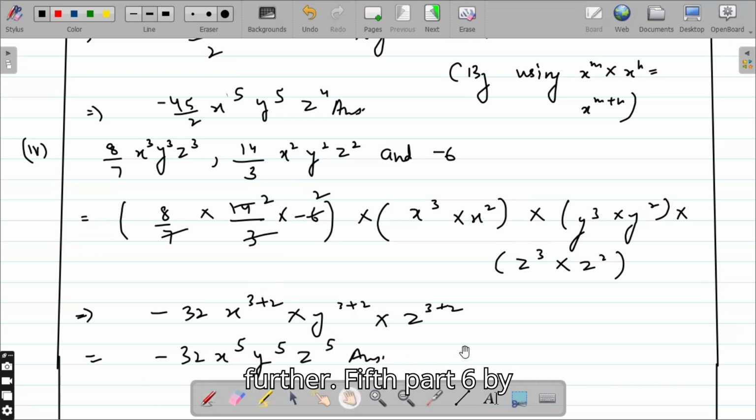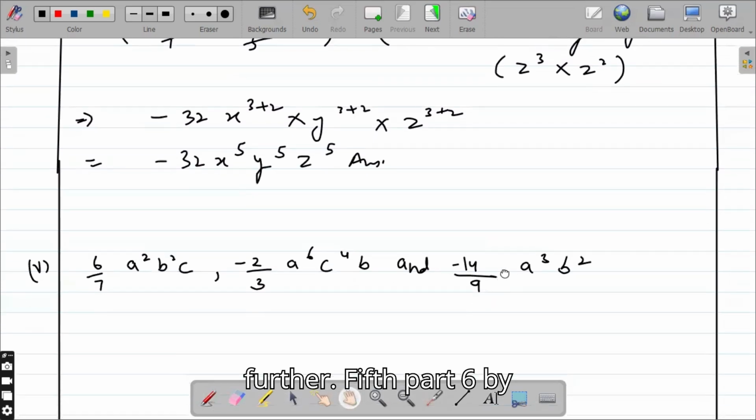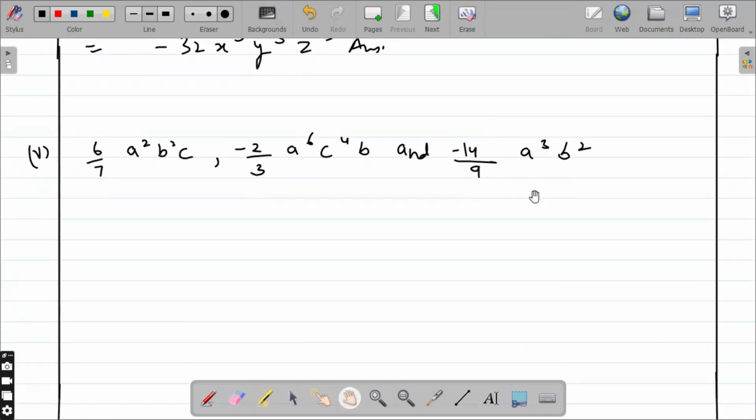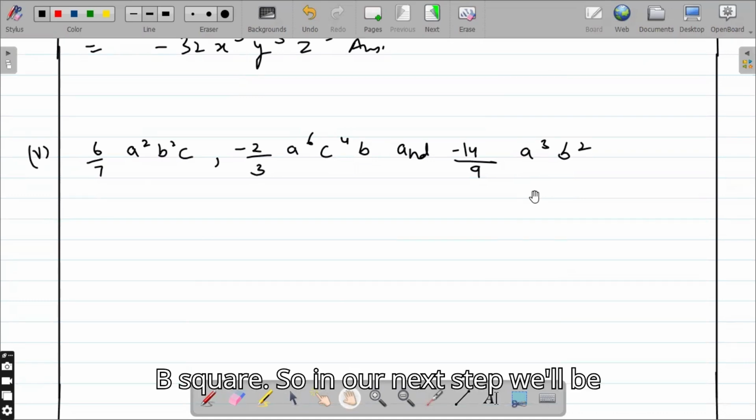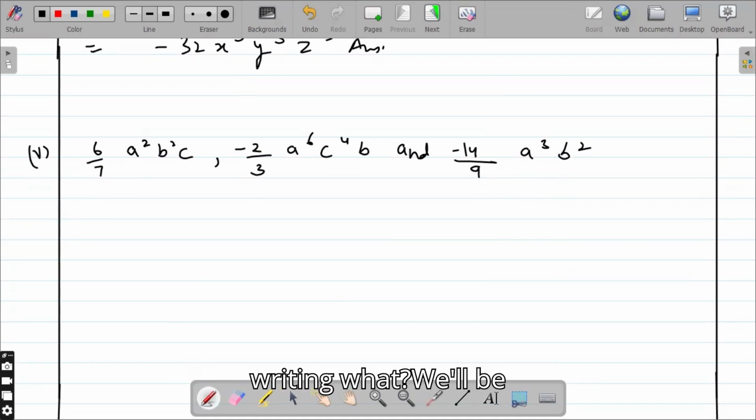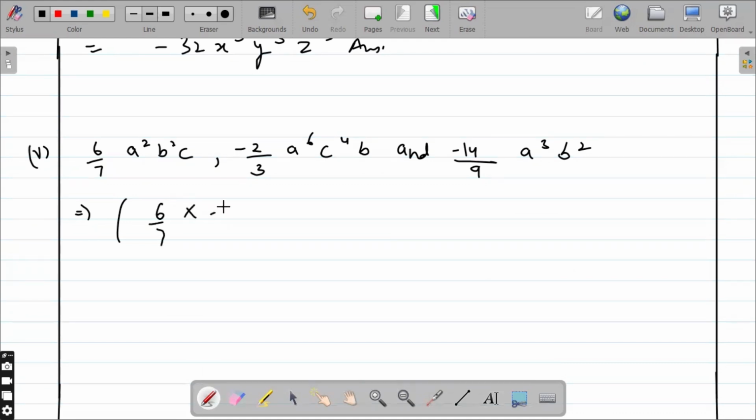Let's move further. Fifth part, 6 by 7 a square b square c, minus 2 by 3 a^6 c^4 b, and minus 14 by 9 a cube b square. So in our next step, we'll be splitting all the constants, minus 2 by 3 into minus 14 by 9.